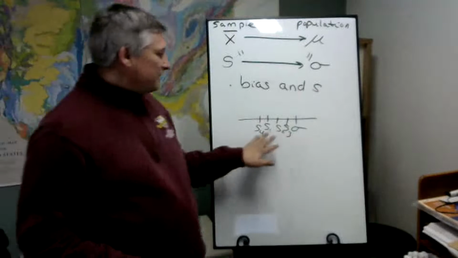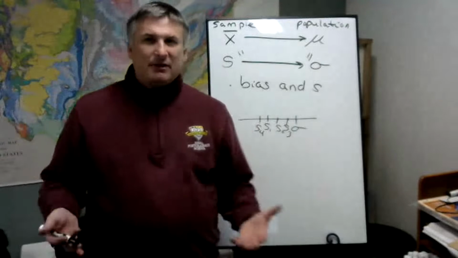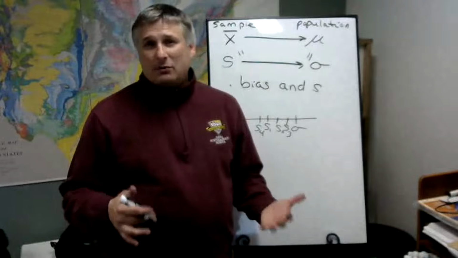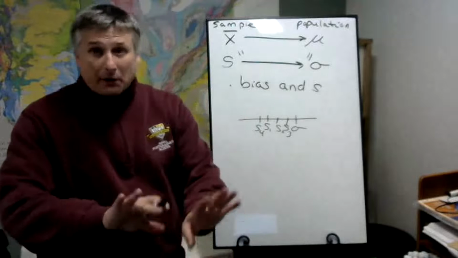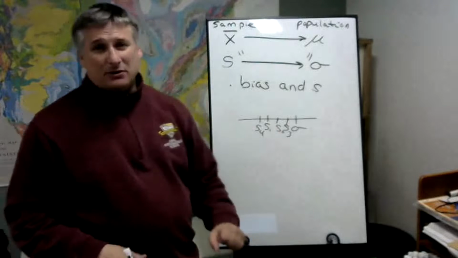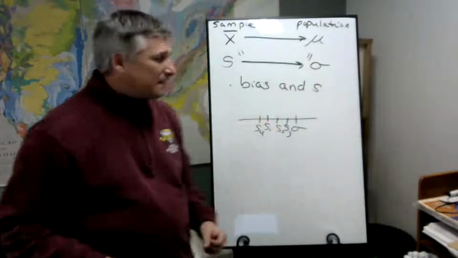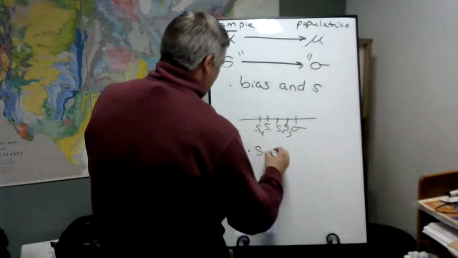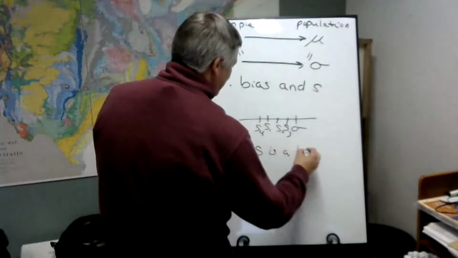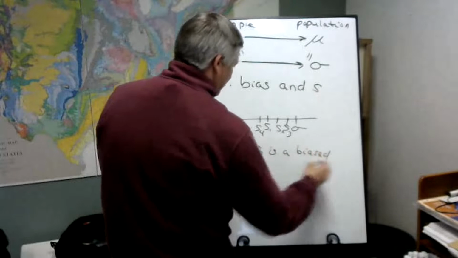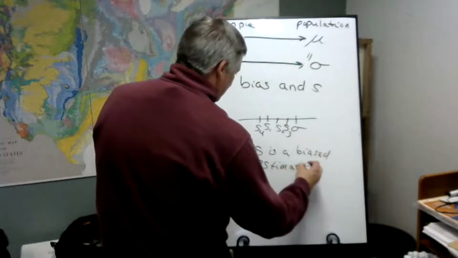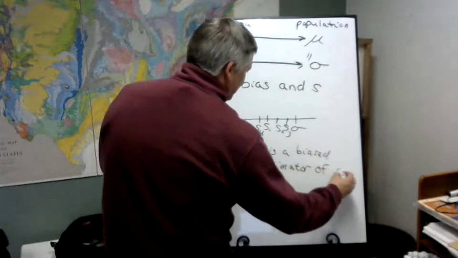If you take a bunch of samples and calculate standard deviations, they tend to underestimate the actual population standard deviation. Not always, but they don't center around it. They don't gather around it. So we say that S is a biased estimator of sigma.